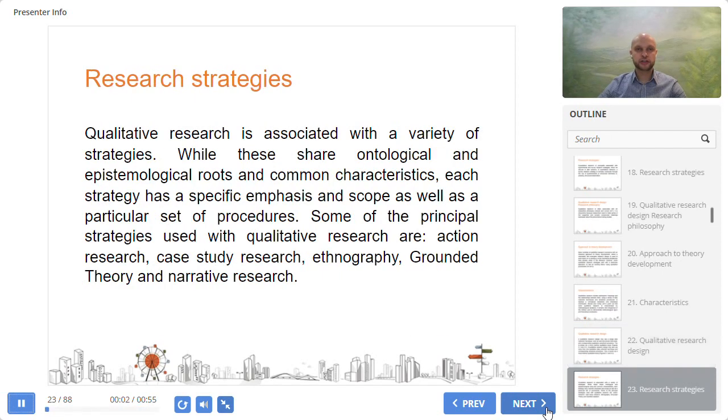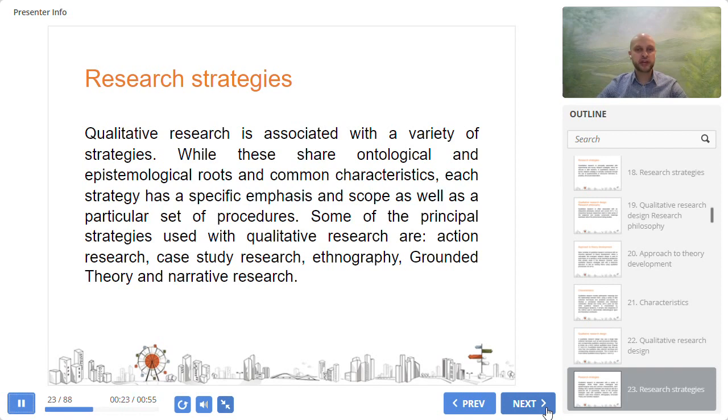Research strategies of qualitative design. Qualitative research is associated with a variety of strategies. While these share ontological and epistemological roots and common characteristics, each strategy has a specific emphasis and scope as well as a particular set of procedures.